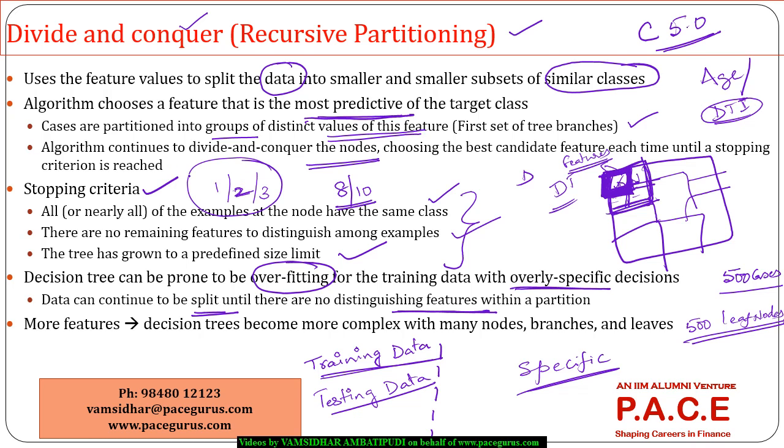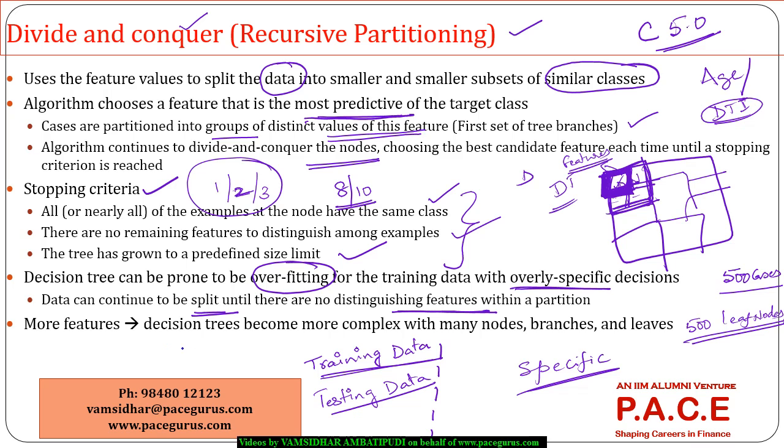So it becomes more and more specific, with no generalization happening. So we have to be very much aware of this, and wherever possible it's better to cut off the tree, prune the tree. Even pruning the tree is an important art in this context.